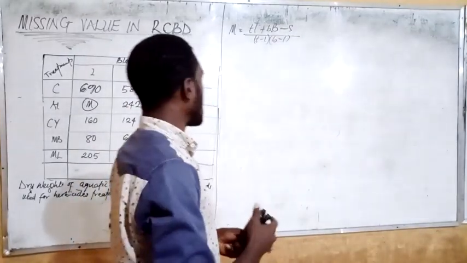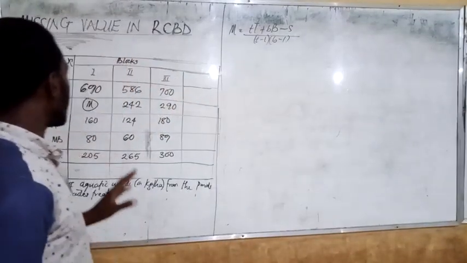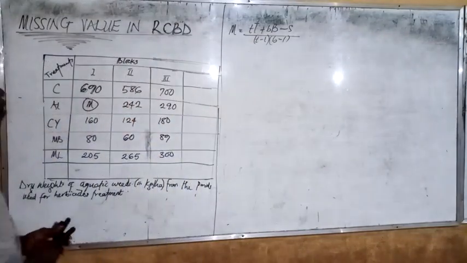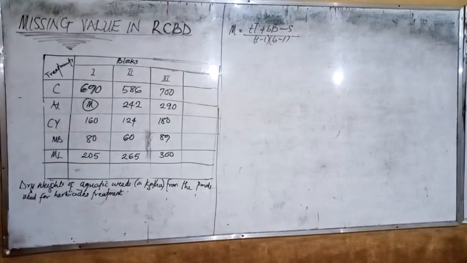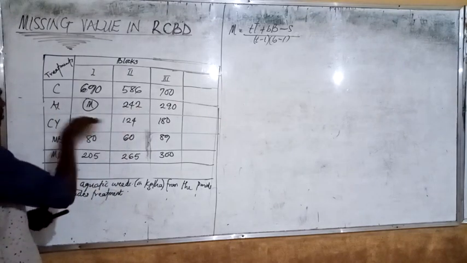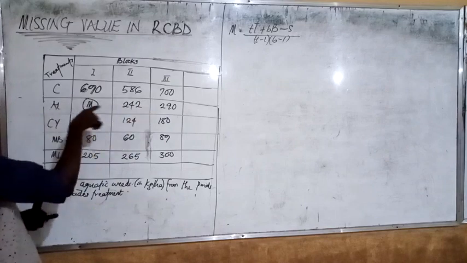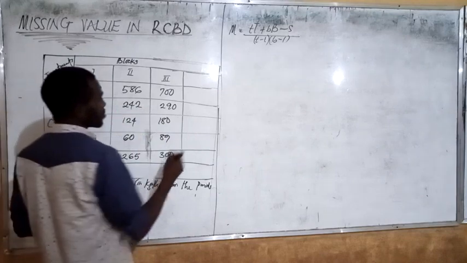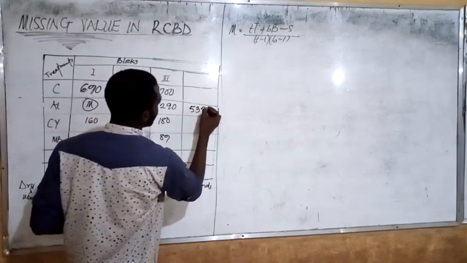Now listen carefully. Very simply, we will now calculate our big T. So let's go to the treatment value for that missing value row. Alright. So this is the row of the missing value, and this is the treatment row. So all we have to do is calculate this plus this, and we are going to get 532.